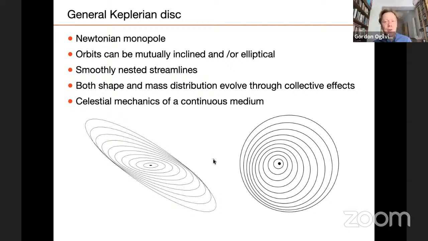So that might include what's called viscosity in accretion disk theory, which is usually really a label for turbulence and turbulent stresses, or possibly wave processes. But actually just the pressure in the disk and its self-gravity contribute to the communication of, or the evolution of the shape of the disk, as we'll see.